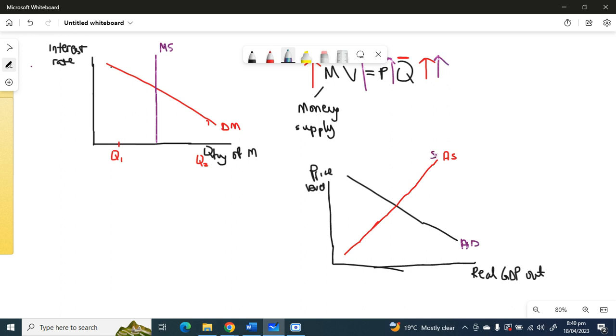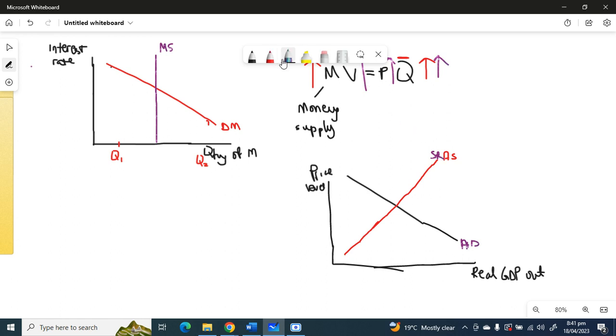Colleagues, do we remember what the short run is? What the short run and the long run are in macro? Short run is when wages are fixed, then the long run when wages aren't fixed.